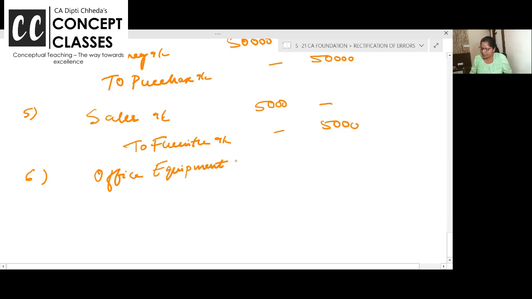Office equipment account debit 2,000. You posted it to purchase account. Purchase account credit. 2,000, 2,000.